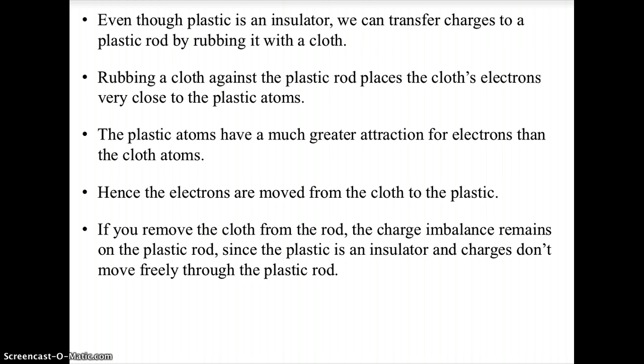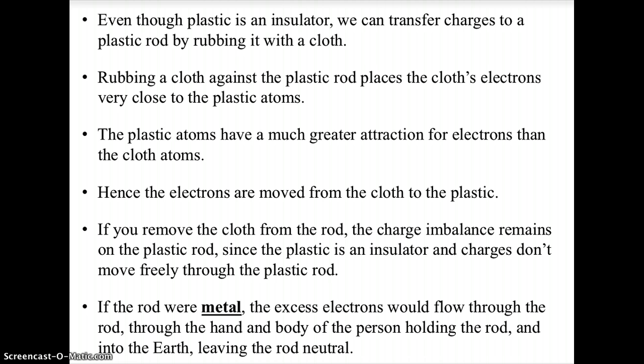Since the plastic is an insulator, the charges can't flow anywhere because they can't flow through the rod. On the other hand, if we had a metal rod, then the excess electrons that we just put onto the rod would flow through the rod, through the hand and the body of the person holding the rod, and they would flow into the earth, leaving the rod neutral.